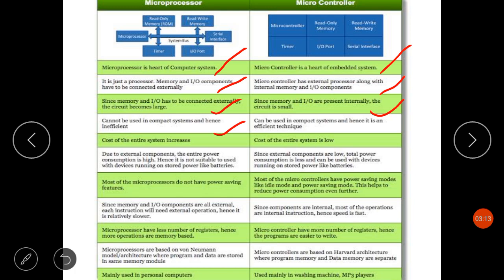Whereas in case of a microcontroller, all the memory, the RAM and ROM, as well as input output, are present internally within the chip. This makes the whole system small. Since everything is embedded on a single chip, the microcontroller is small in size and can be used in compact systems, and hence it can be called an efficient technique. So a microcontroller is helpful in reducing space.